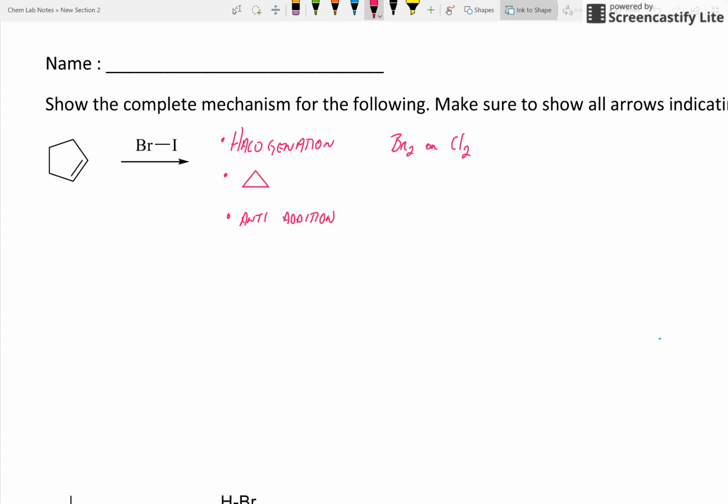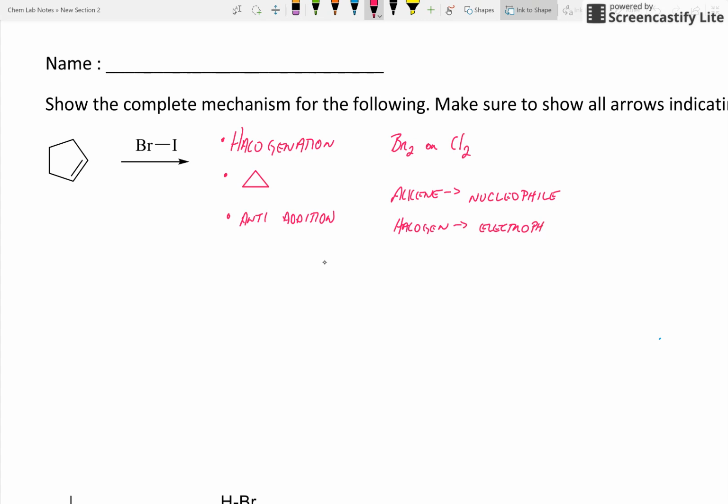Now, remember, in all of the reactions that we're dealing with in chapter 6, the double bond is sending its electrons out to hit something positive, right? So the alkene is a nucleophile, and the halogen is going to be the electrophile.